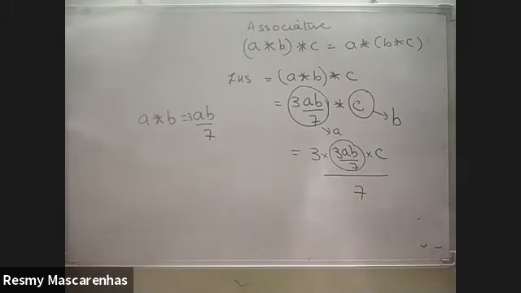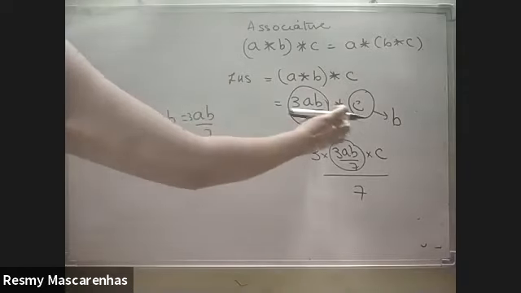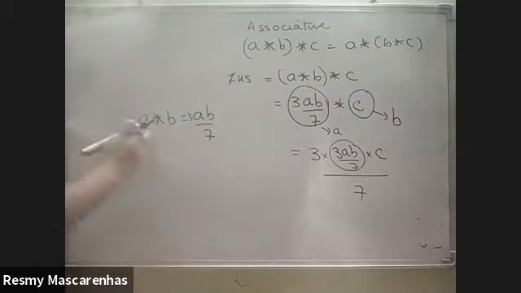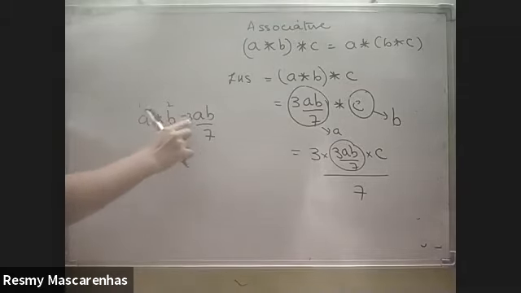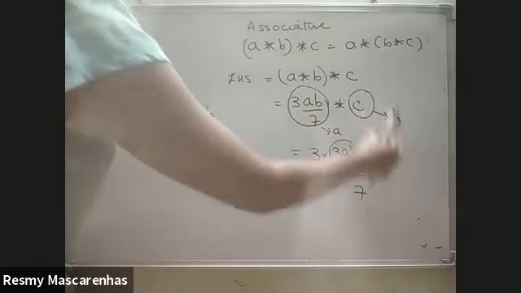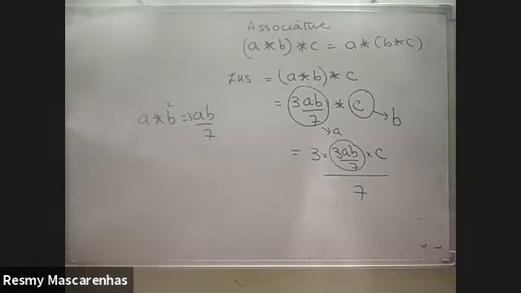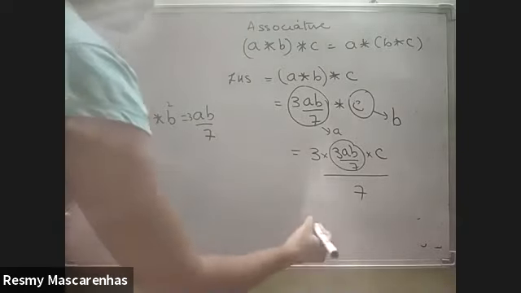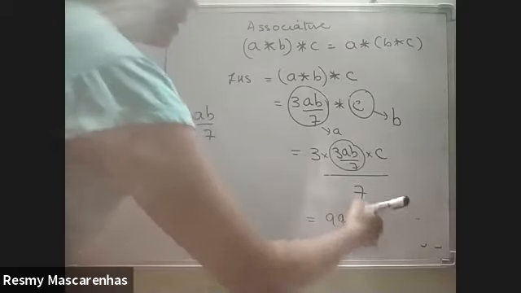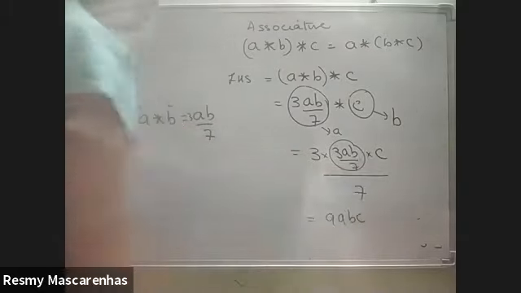Whatever answer you get whenever you solve, you have to consider it as A, and the second term is always B. So as per the formula, A star B is 3AB upon 7. Now simplify. So 9ABC, and the 7 will be reversed and get multiplied here.